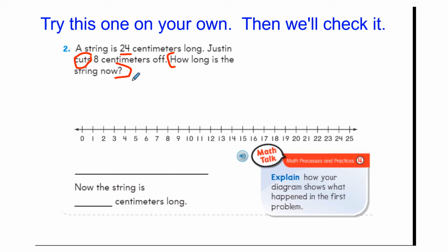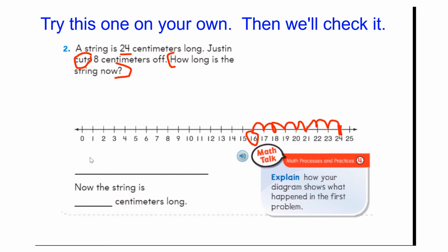So if he started with 24 right here and he cuts some off, our number is going to have to get smaller. We're taking away. We are subtracting 8. 1, 2, 3, 4, 5, 6, 7, 8. So there's our answer.